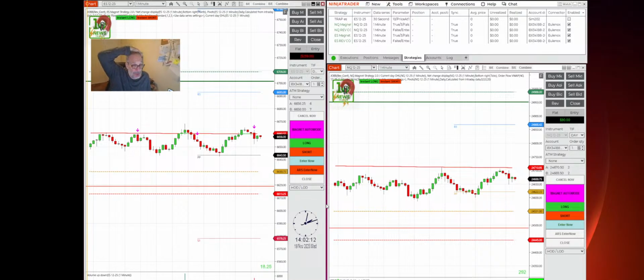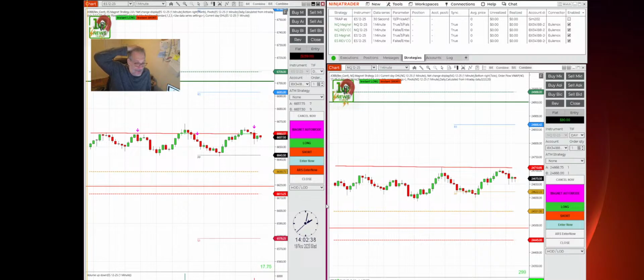Now you can see we're just way too far away from this market doing anything. It's just way too far away. So now I've left two trades on the table today, the oil report and this one.